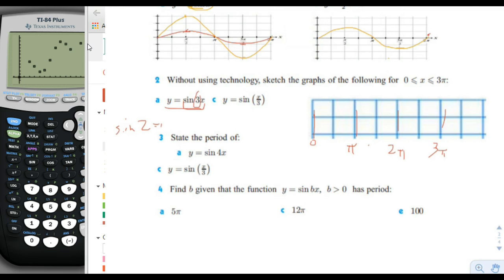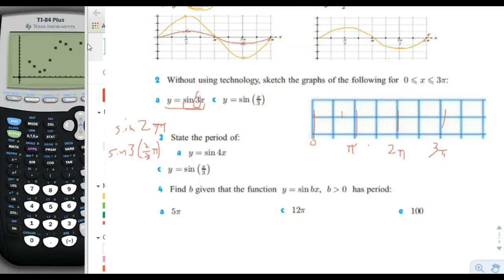But if you have sine of 3x, you actually don't need 2 pi to get to the end of the cycle. If you put 2/3 pi in there, then you're already at the end of the sine wave. So instead of repeating the sine wave every 2 pi, you're going to repeat it every 2/3 pi.